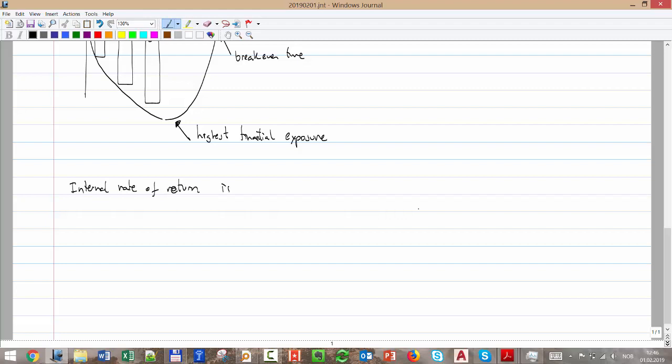So it is the value of the discount rate that gives NPV equals 0.